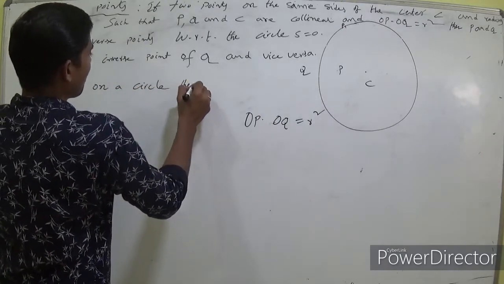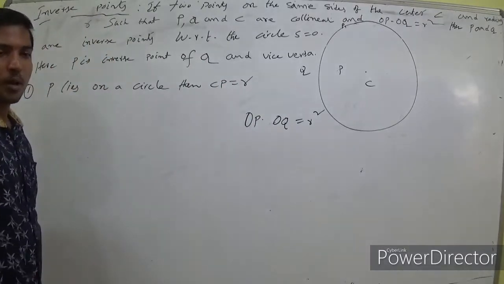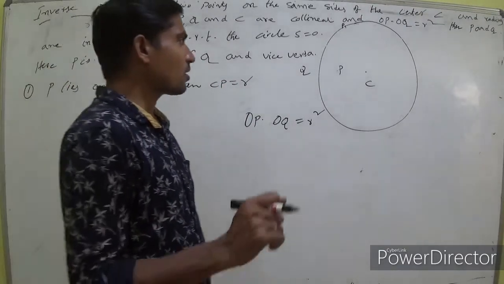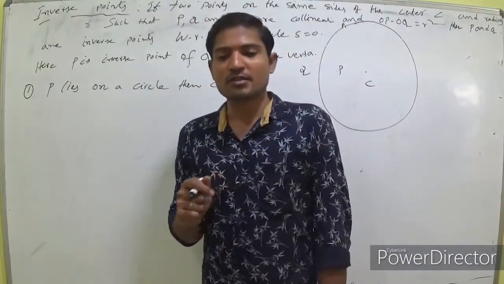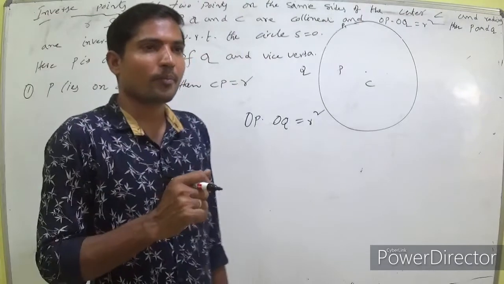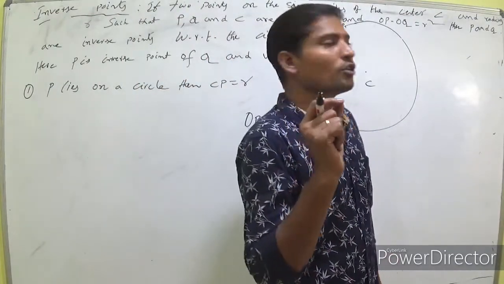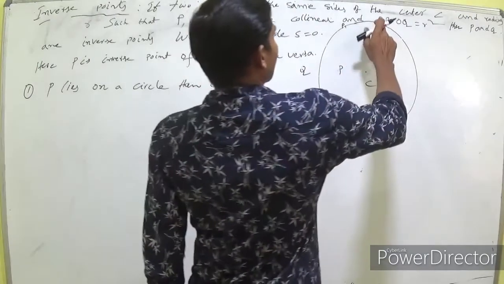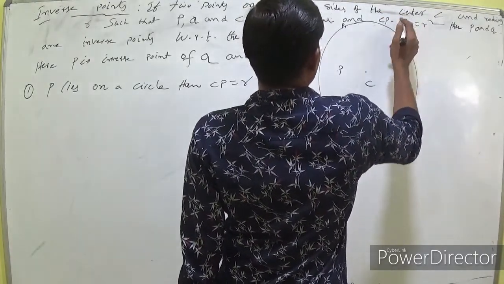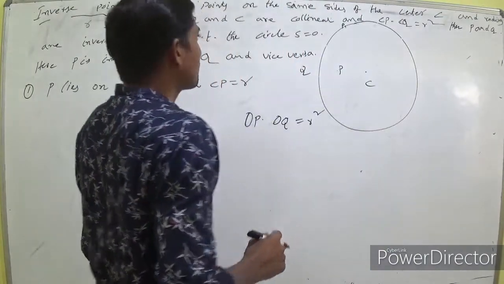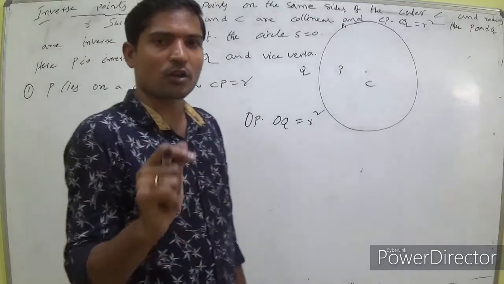Then CP equal to R, where C is the center of the circle. But if 2 points are inverse points, then here also we have to take C because C is the center. CP dot CQ equals R square. CP dot CQ equal to R square.